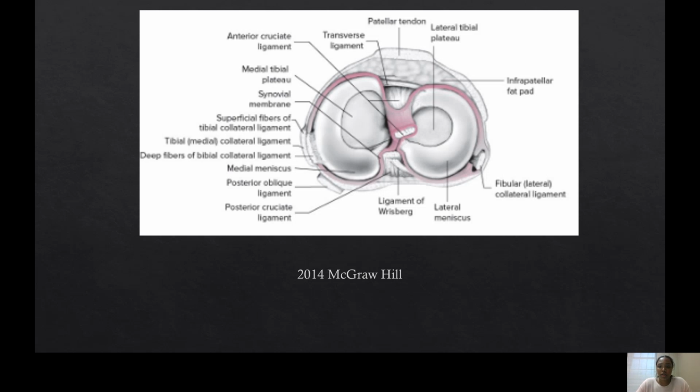This figure shows, like I said, all the ligaments that provide all the static stability that we need for the knee. The quadriceps and hamstrings contract to produce dynamic stability, and the menisci form a cushion between the bones, and that's also attached to the tibia, and it deepens the tibial fossa and enhances stability.